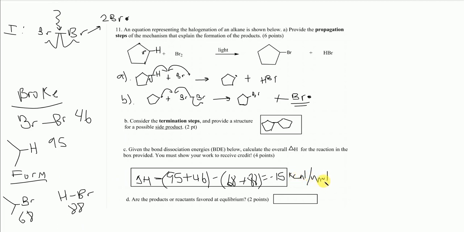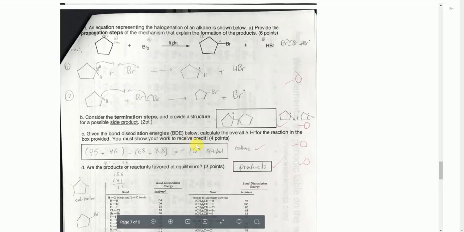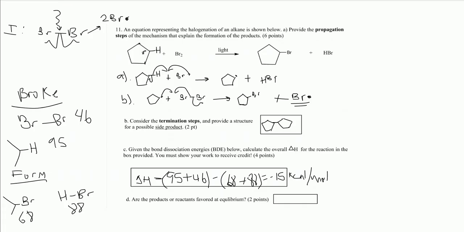You have to write the units, or else you'll get points off, right? And what is this? This is an exothermic reaction, right? Because it's negative, and because it's negative, our products are going to be favored. So I'll put products. Cool, right? And so that's it. I hope this was helpful for you guys, and let me know if you have any other questions about this stuff. See ya.